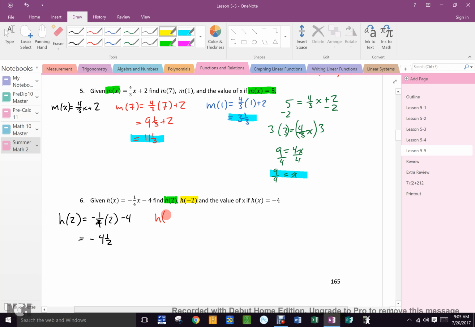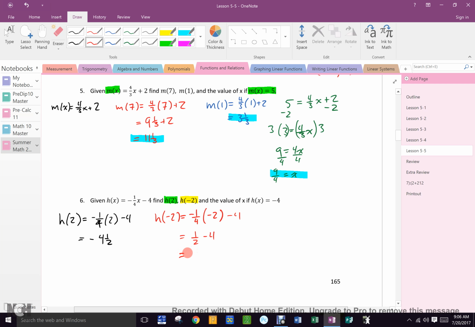Awesome! So this is negative 2, which means it's negative 1/4 times what? Yeah! See, I was nice still and it worked this time. And then what? Minus 4. What's negative 1/4 times negative 2? Positive 1/2, minus 4.